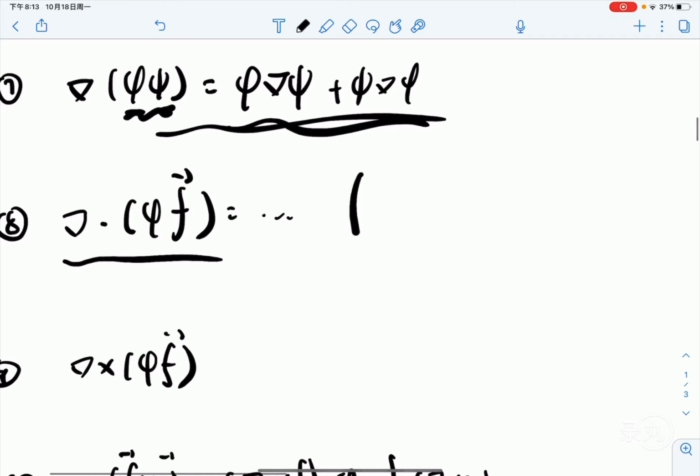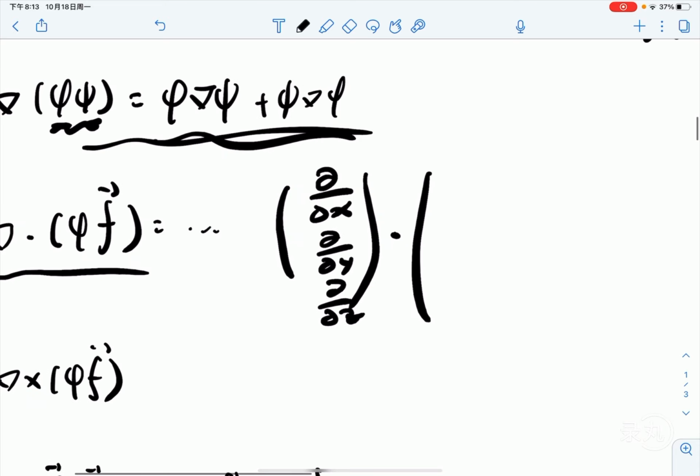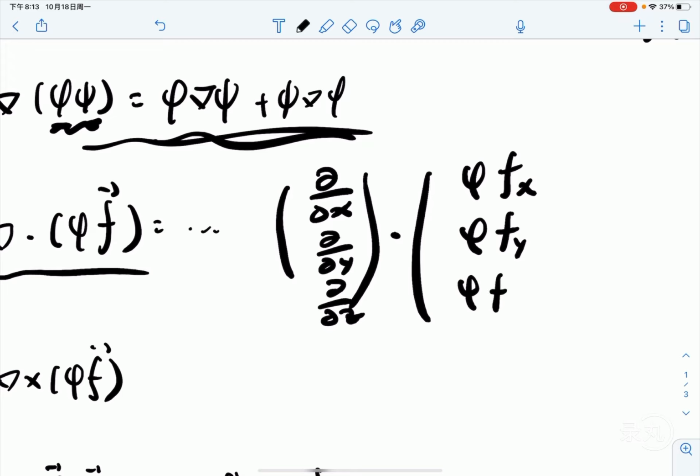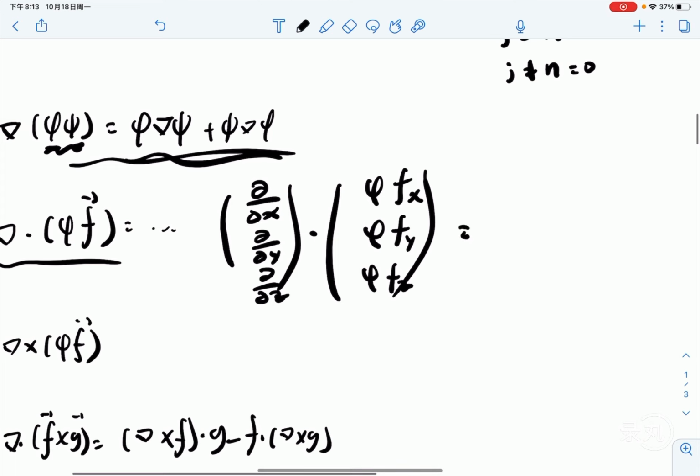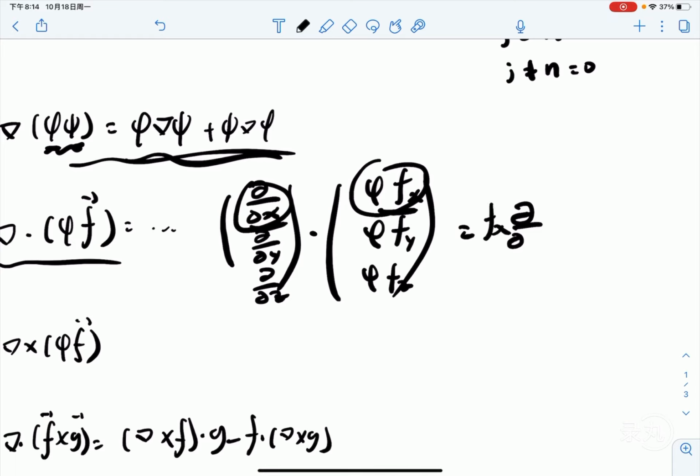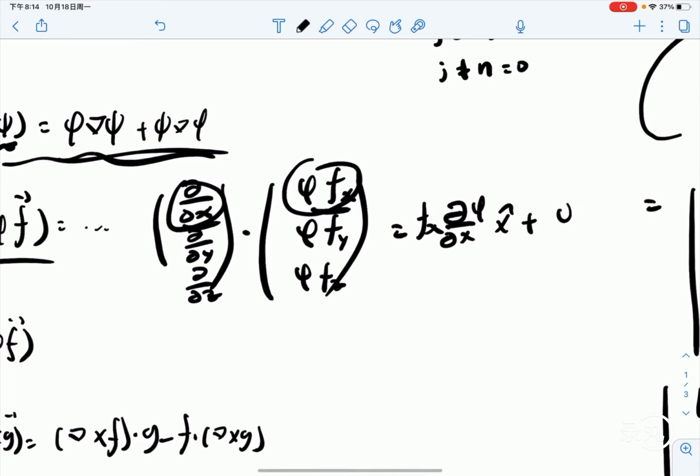So basically, if we write the gradient in the form of this, which is dotted with phi and this, fx, fy, fz, this is equal to, by the chain rule, looking at the first term, fx, the phi, and the second term is equal to phi x.